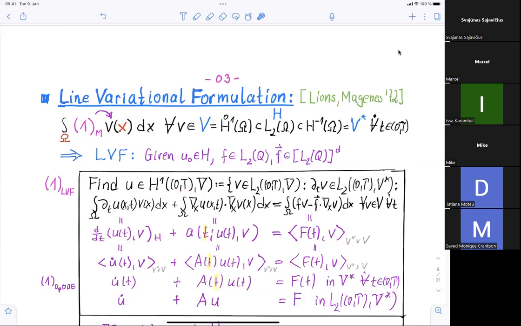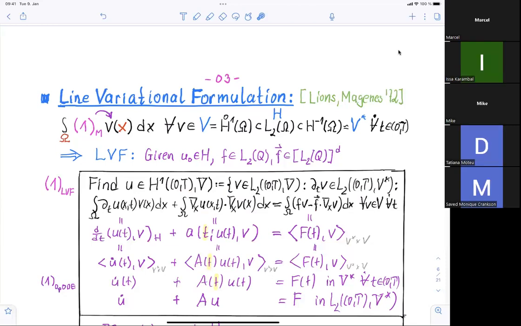And I have to write something here. This is in fact not right, the L2 integral is not correct. You have to write the duality product. So if I write the L2 integral, please always understand this as a duality product. But this duality product is the extension of the L2 inner product.